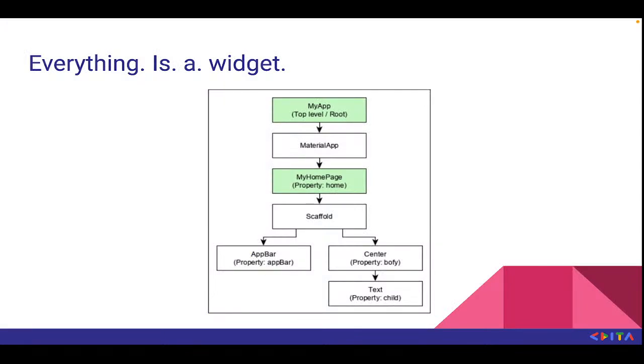Now, a few words about Flutter. So Flutter, as we said, is a framework, and what is most important is that everything in Flutter is a widget, okay? So when I start with my app, I have my app, which is the entire box. And inside that, a child of that is a material app. Inside that, we have my homepage.